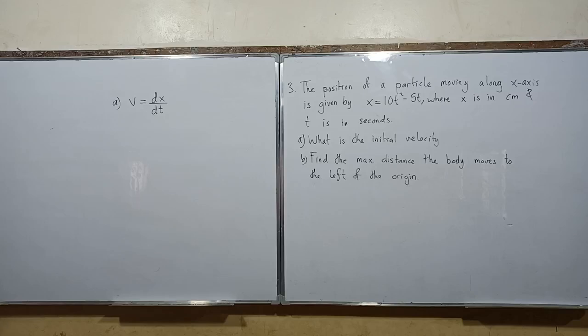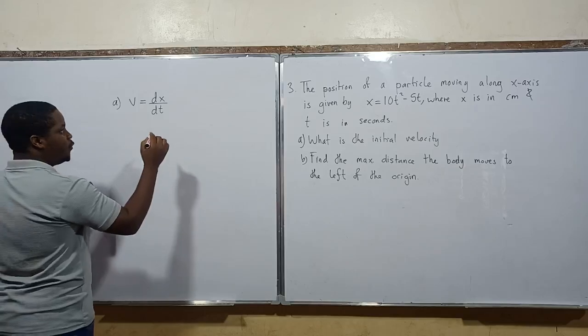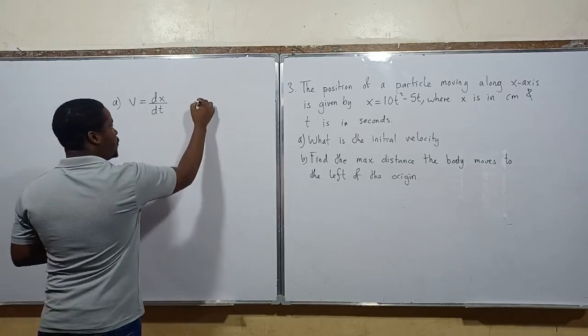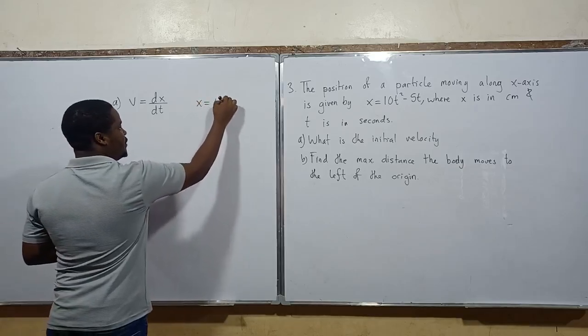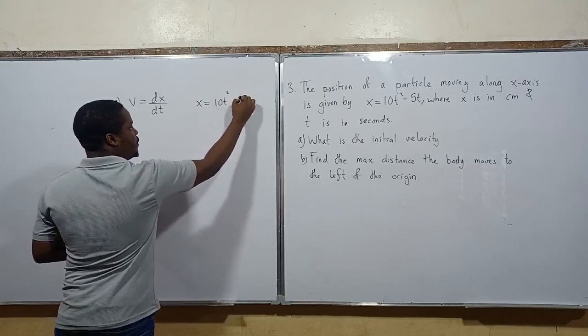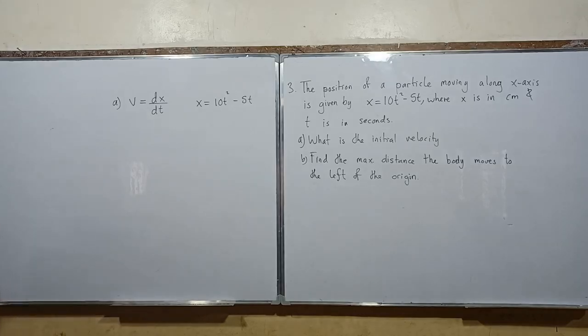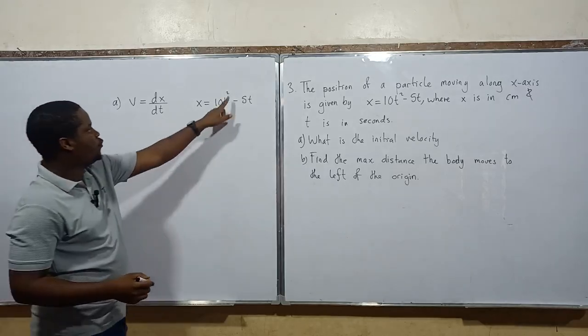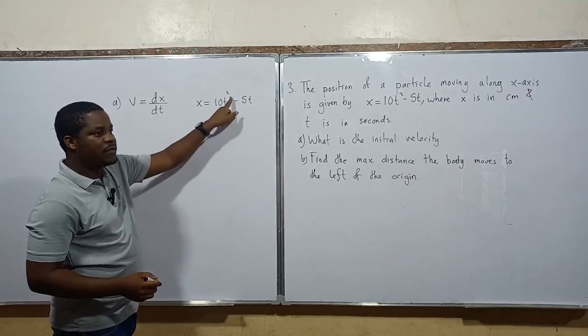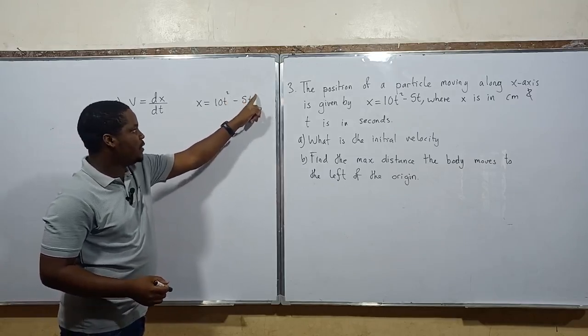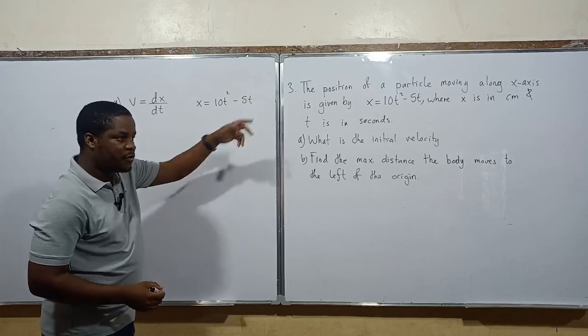Okay, let's do it. Remember, the function for position is x is equal to 10t squared minus 5t. To differentiate a function, you take the power of the variable multiplied by the coefficient, then from the power you subtract 1. So we have 2 times 10, and from the power we subtract 1. 1 times 5, and from the power we subtract 1.